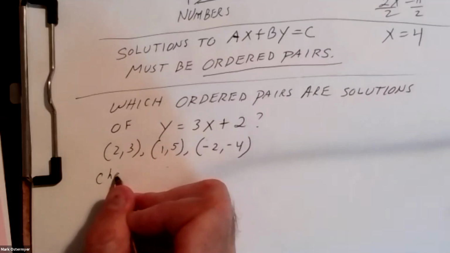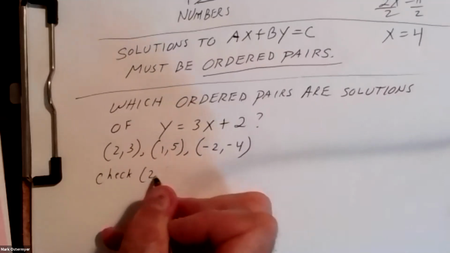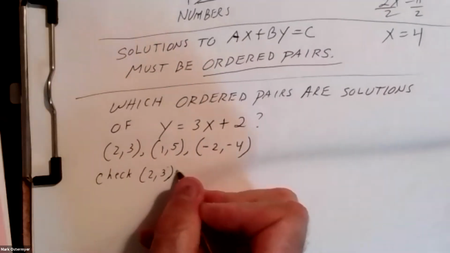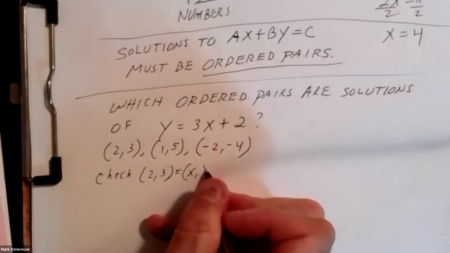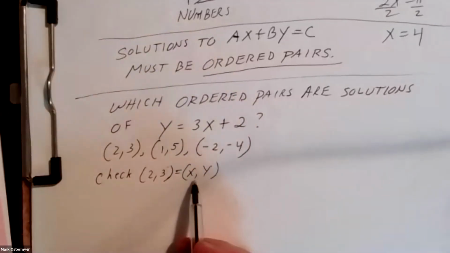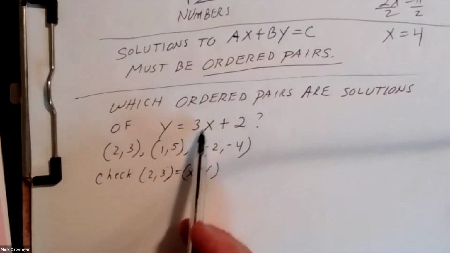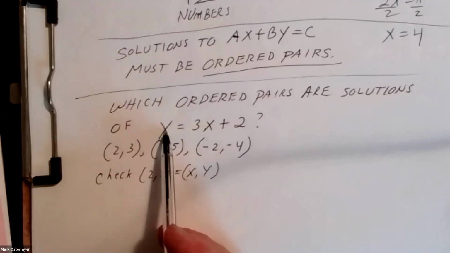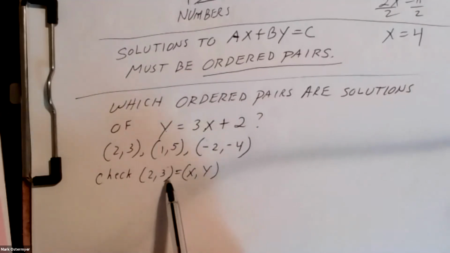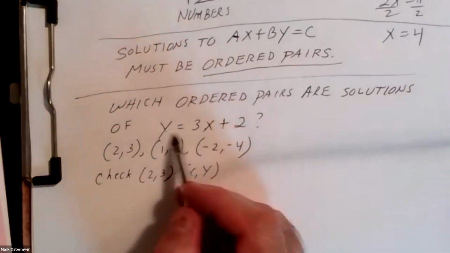Well, let's check out the first one, 2, 3. Notice the x coordinate is 2 and the y coordinate is 3. Being the case, we're going to replace the x variable in this equation with 2, and we're going to replace the y variable in the equation with 3. So here we go.